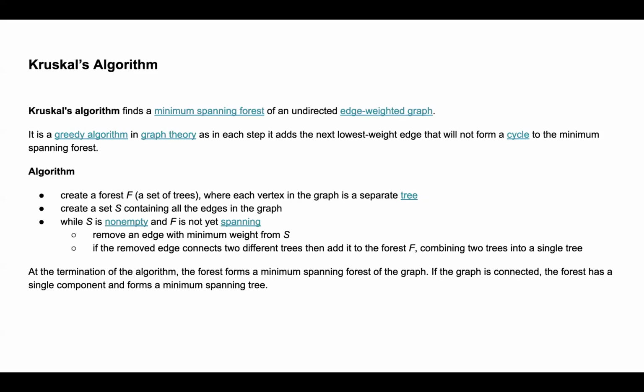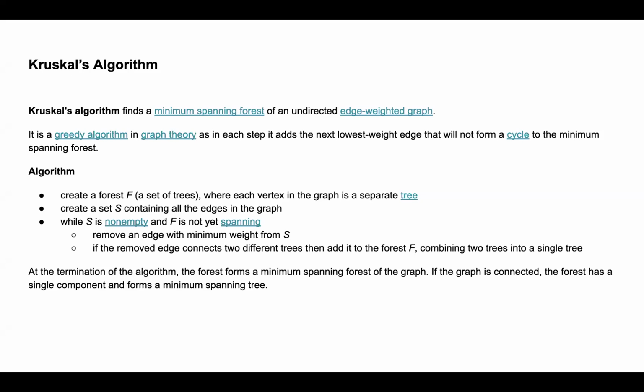Now Prim's algorithm we have already seen: arbitrarily we take any vertex, and from that we calculate the minimum edges. Now in Kruskal's algorithm, what is there? It is a greedy algorithm in graph theory, as in each step it adds the next lowest weight edge that will not form a cycle to the minimum spanning forest. Again we have to design the same spanning tree in which a cycle is not there and which will have the lowest weight.